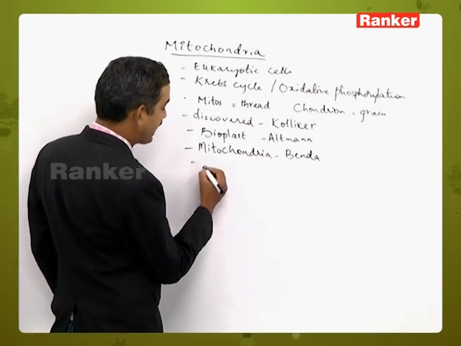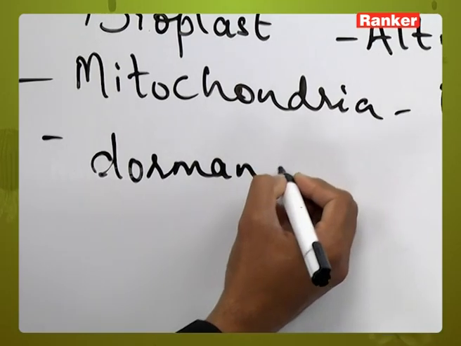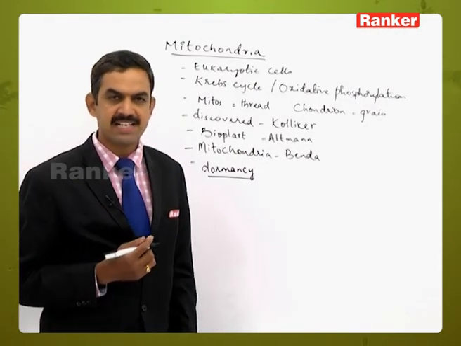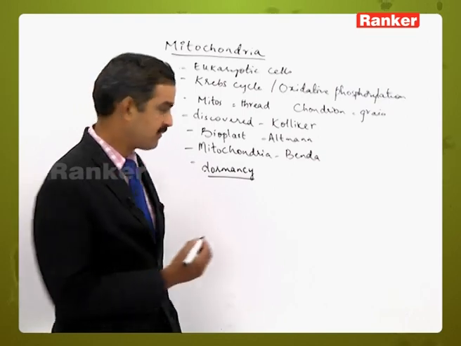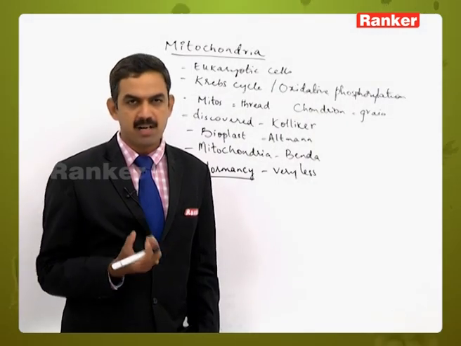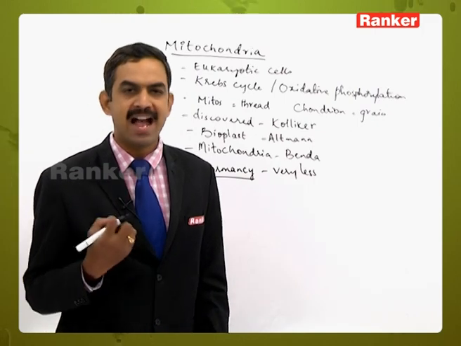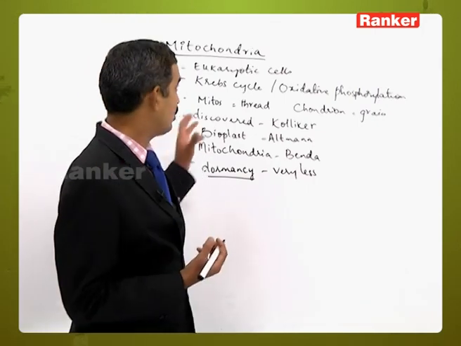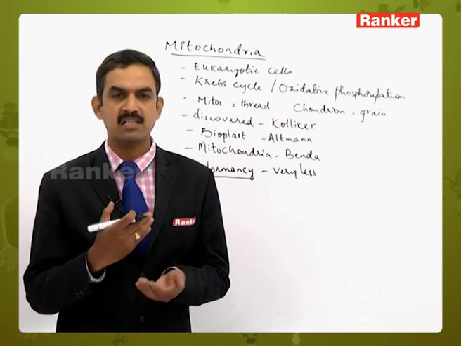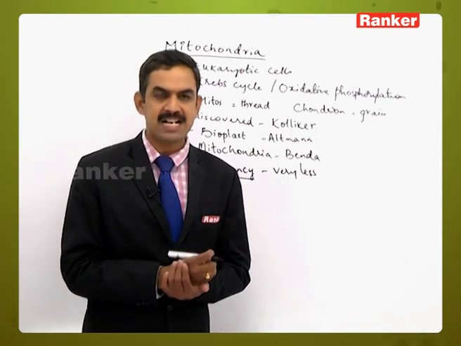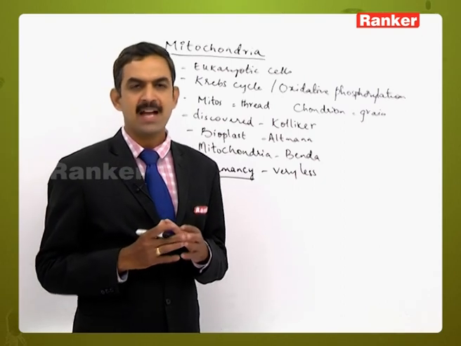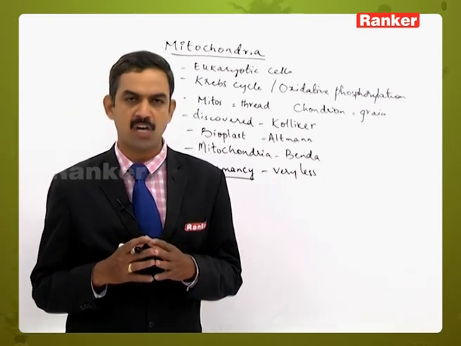So, actively dividing cells or meristematic cells contain the highest number of mitochondria.